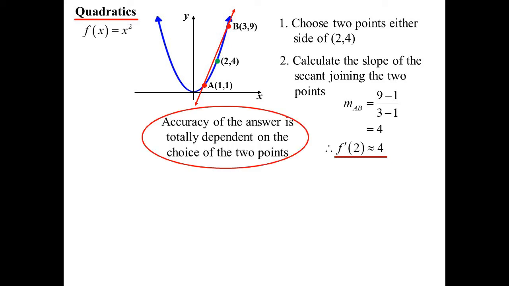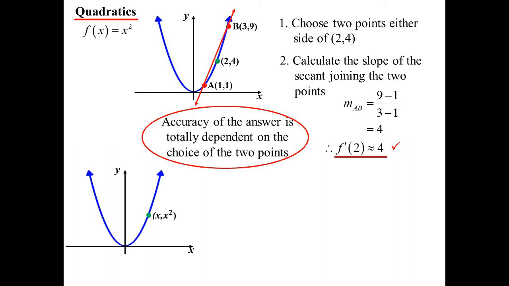Now the accuracy of the answer, of course, is going to totally depend on where I put the 2 points. So I need a good choice of 2 points. That one is correct. The reason is, if I pick any point on the parabola, if I pick it symmetrically, so x plus h, x minus h, which you'll notice I did with that one, I added 1 on and I subtracted 1, then you should get an exact answer.